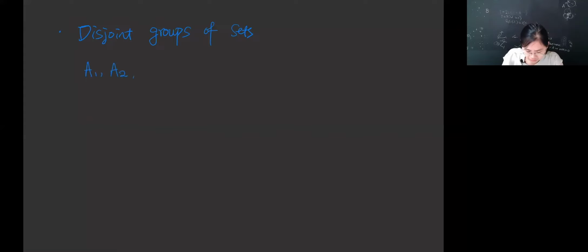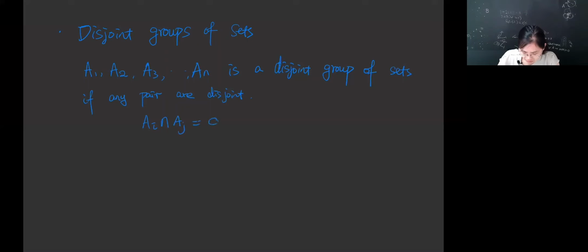Say A1, A2, A3 to AN is a disjoint group of sets, or a group of disjoint sets if any pair are disjoint. Or in mathematics, AI intersect AJ is empty set for all I and J, such that I not equal to J.